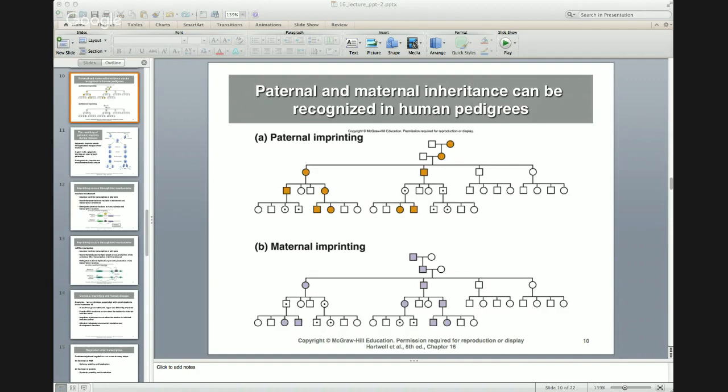Imprinting affects transcription at the level of initiation. The binding of the transcription factors, the basal factors, the activators, repressors, those are all mechanisms that can regulate gene expression at the level of transcription.